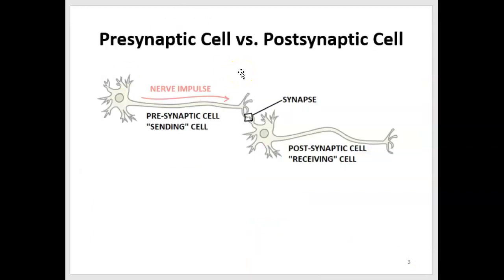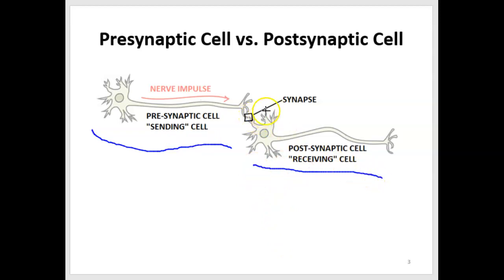When we're talking about 2 neurons forming a synapse, we often use the terms presynaptic and postsynaptic. You've seen this before, but I just wanted to remind you that a presynaptic cell is the cell that's sending a signal to a postsynaptic cell, the cell that receives the signal.